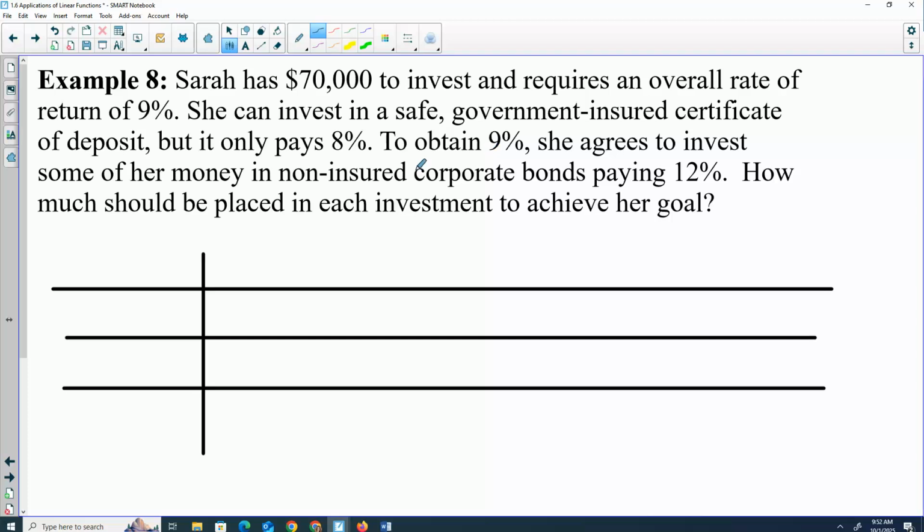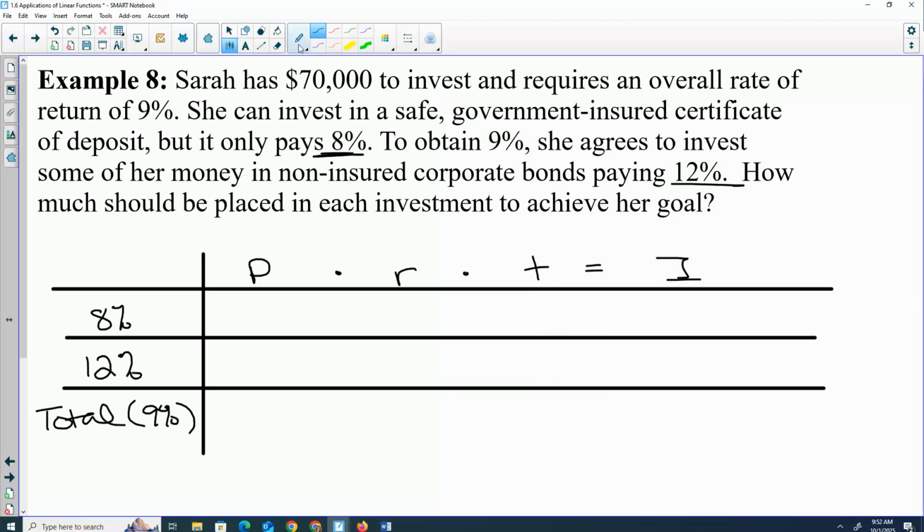So she is going to put some of it at 8%, some of it at 12% to get her total, which is 9%. Remember, the total is always the number in the middle. I have 8, 9, and 12, so 9's the middle. It's got to be my total one. My formula, if we are talking about investments, that's the interest formula. So principal times rate times time equals interest.